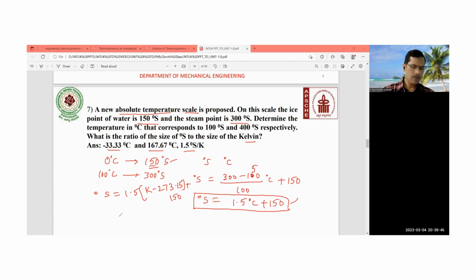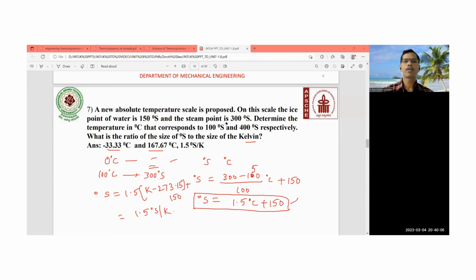So the size of the scale which you are going to get is 1.5 degree S divided by Kelvin. So this is how you are going to solve this new temperature scale problem.